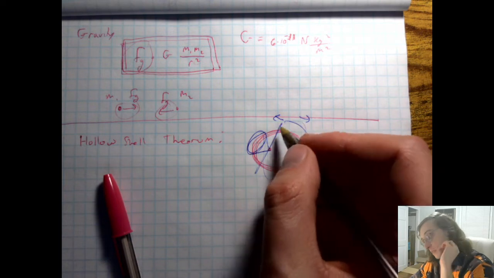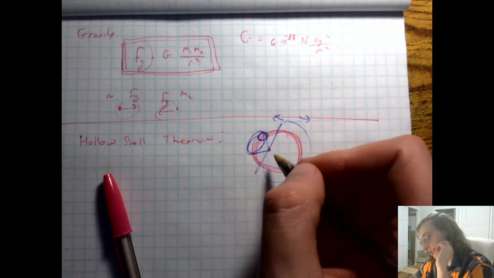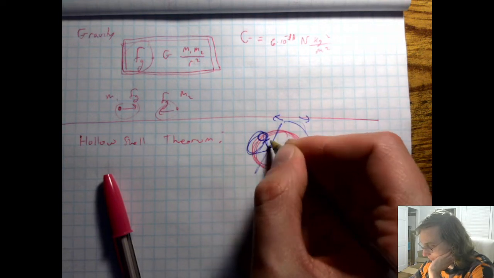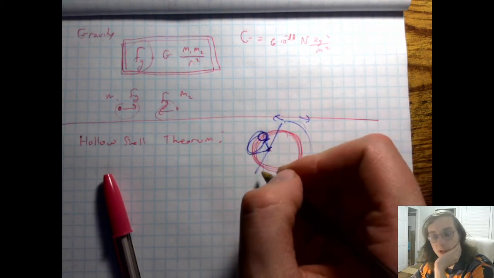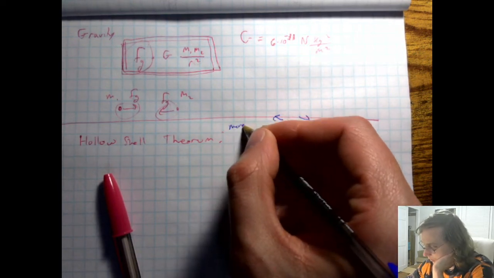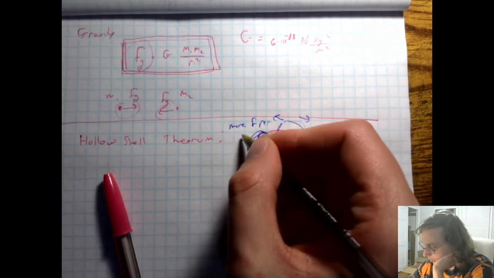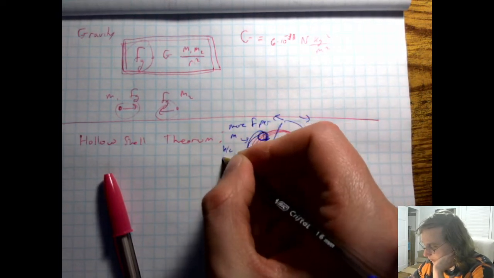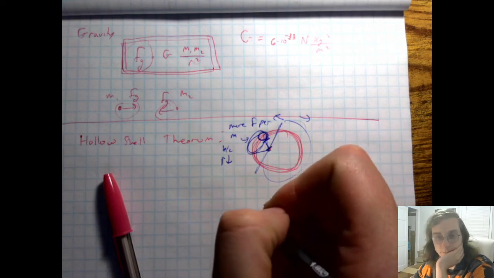Now it's weird because this little chunk is closer in to the object. And so this one creates more force per unit mass because the radius or the distance is much smaller.